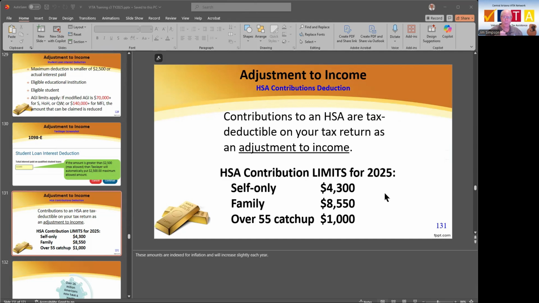And here's a way that you can save for it. The contribution limits depend on whether the insurance policy is covering just one person or the family. So those are the limits that can be put in. But if you're over 55, you can add $1,000 to these limits.